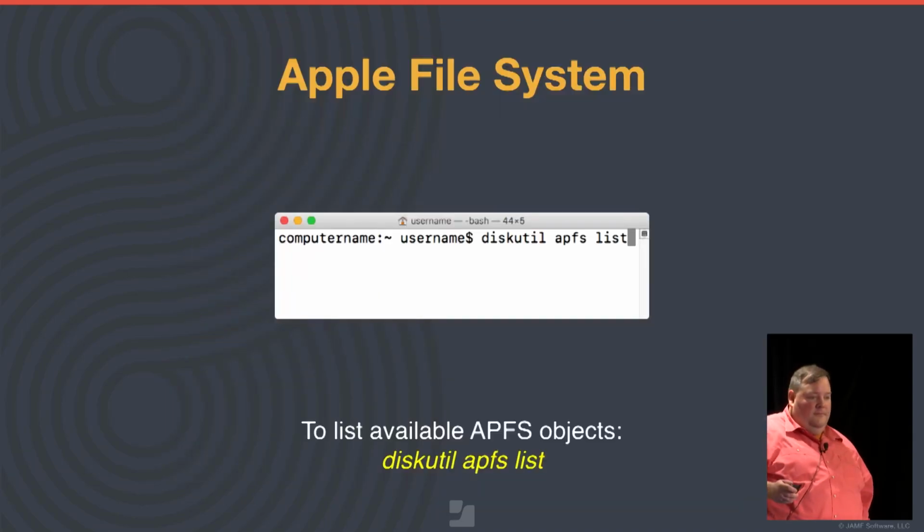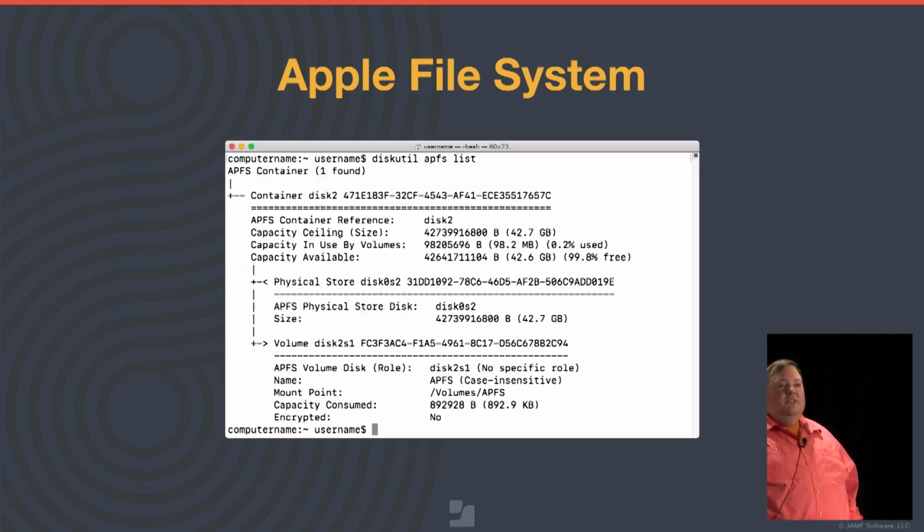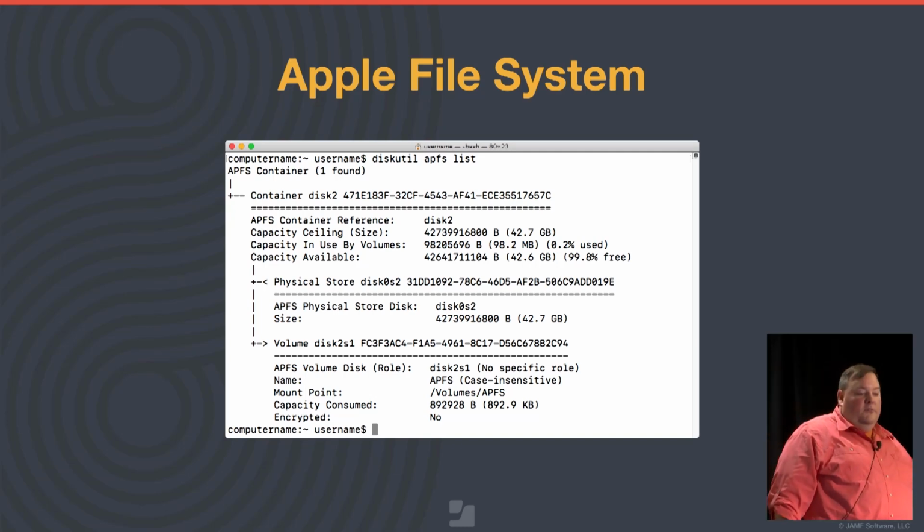All right. So to do further work with APFS volumes, you will need to use disk-util's new APFS functions. So to list available APFS objects, including your containers and volumes, you'll need to use disk-util APFS list. And the output of disk-util APFS list should look similar to this. Now, in this case, there is one APFS container and one APFS volume present on this non-boot drive.